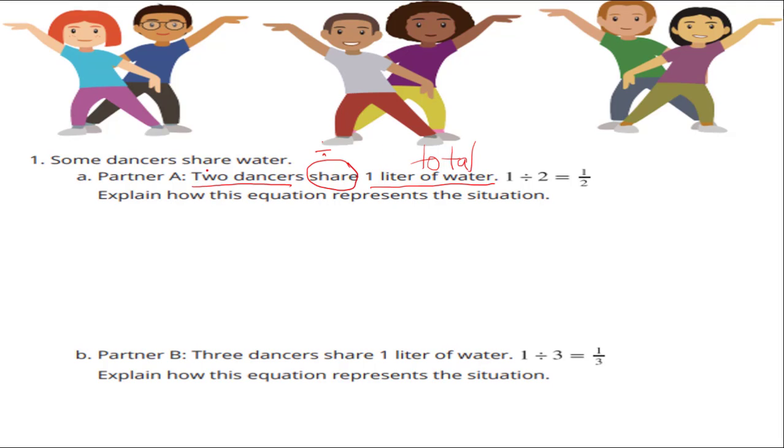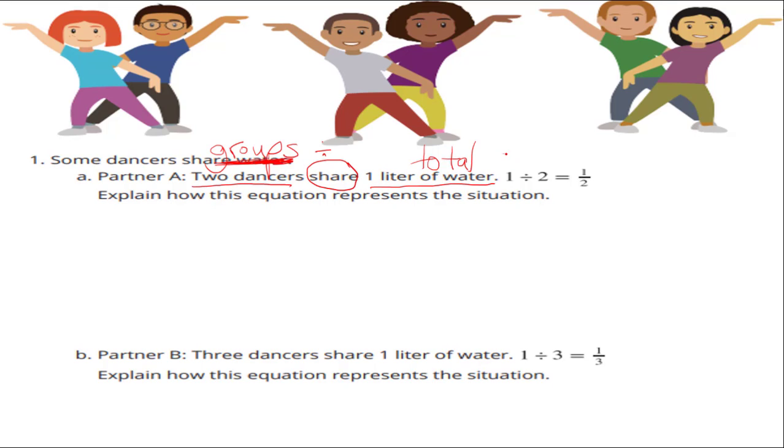Our 2 dancers represent our groups. How do I know that the 2 dancers are the groups? Well, because groups have to be able to put something in them. So what are the dancers going to put inside of them? The water. So we know that the groups are my dancers. The water is my total.